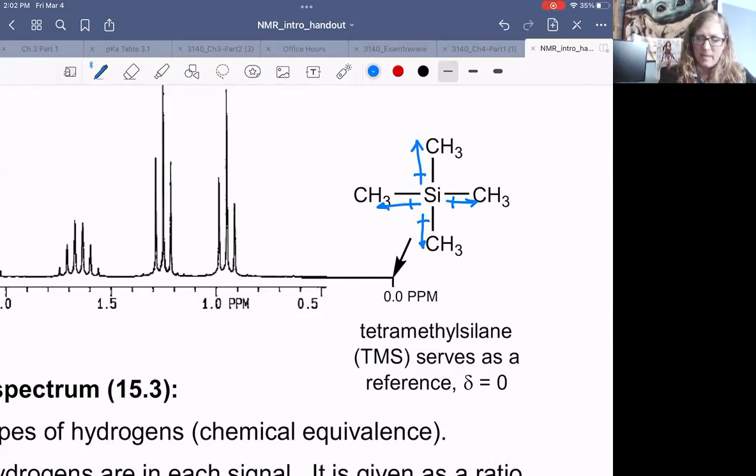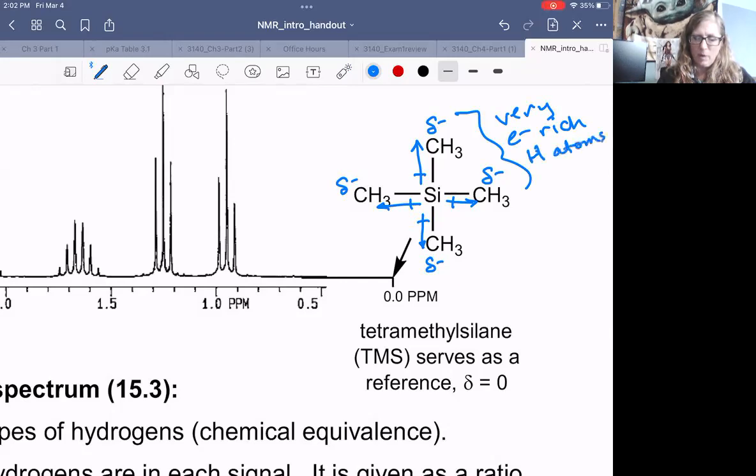And so that makes these carbon atoms unusually electron rich, partial minus. These are extremely electron rich hydrogen atoms, protons. We always describe them as protons in spectroscopy, but we're talking about H atoms. So these are very, very electron rich protons.